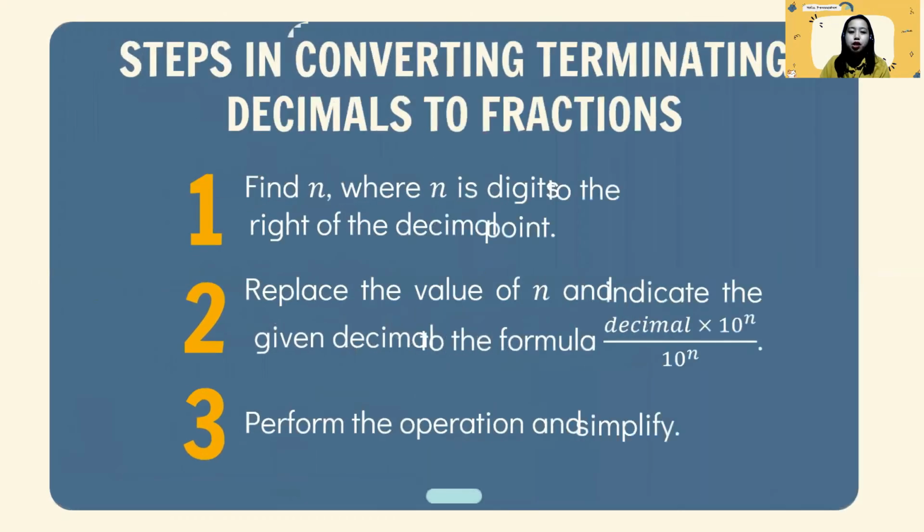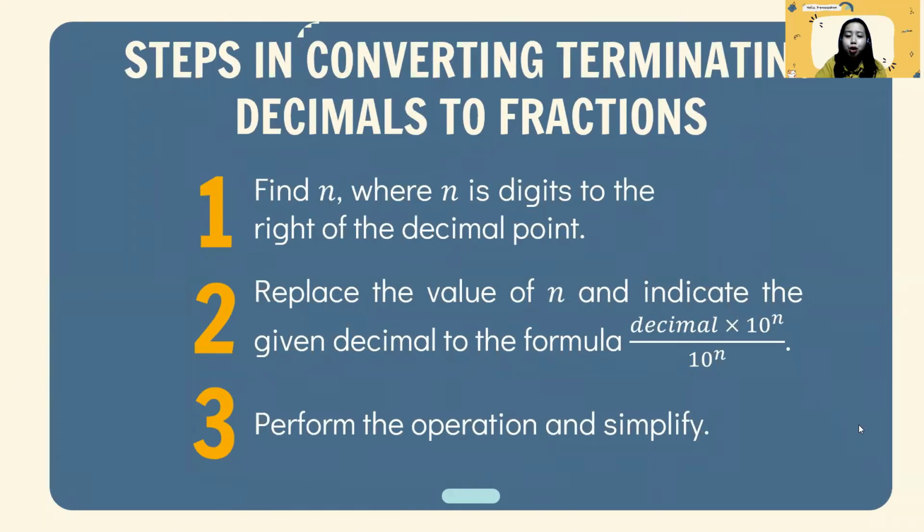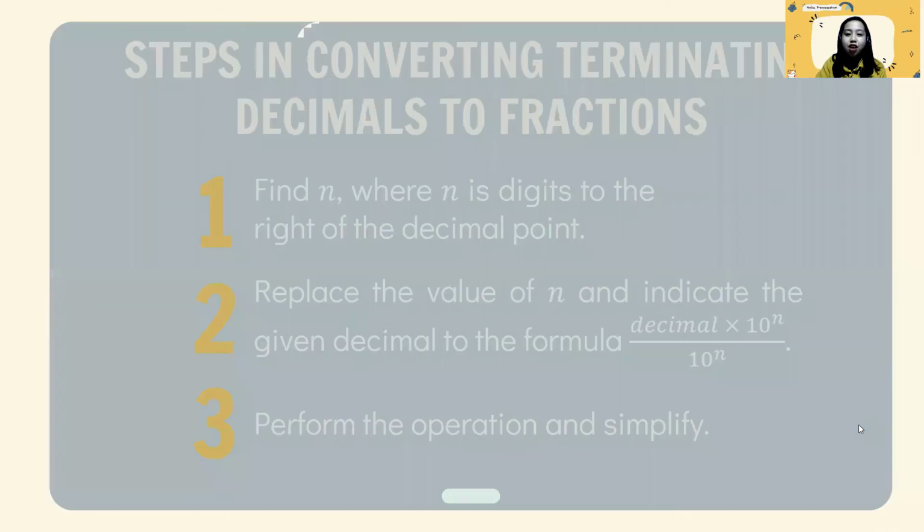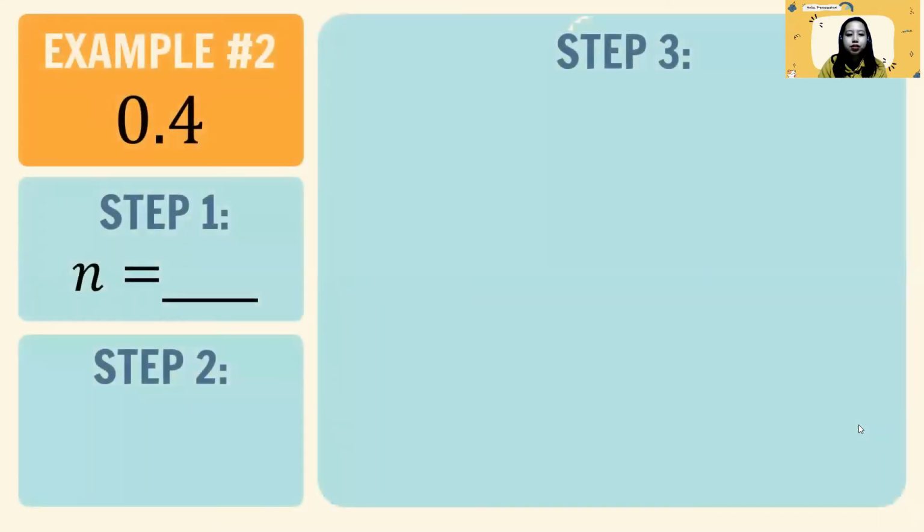Now that you know how to convert terminating decimals to fractions, let's have another example. We have here 0.4, or 4 tenths. In step 1, what is n? That's right. n here will be 1, since we have one digit to the right of the decimal point.